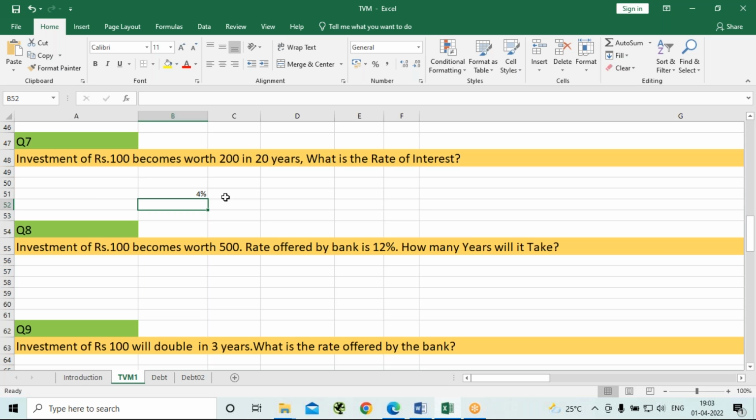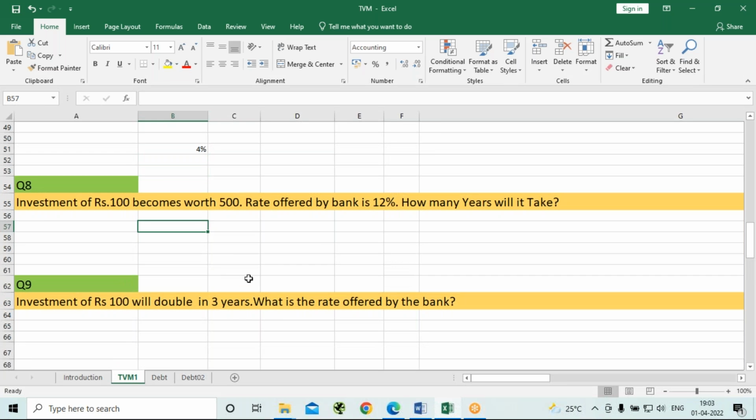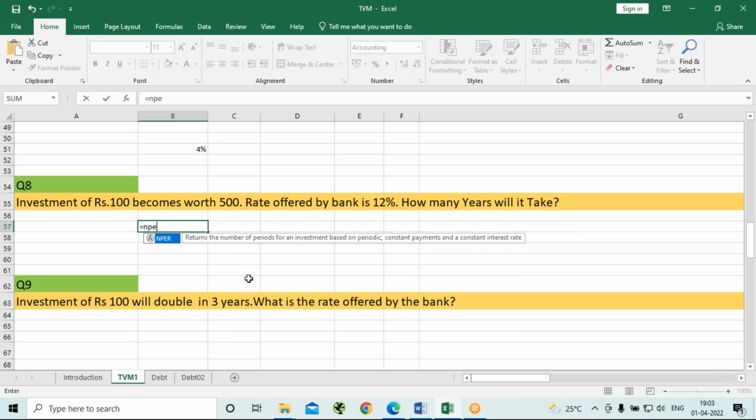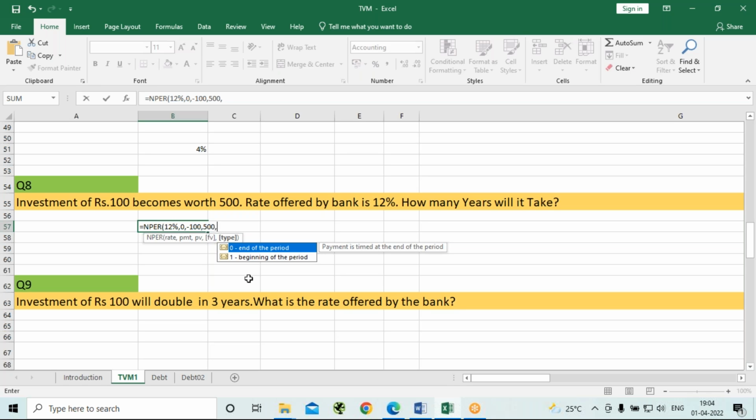Okay, so the next thing is how to calculate with the n per. So you can calculate this equals n per. The rate is 12%, comma PMT is 0, comma again minus 100, comma 500, comma 0.